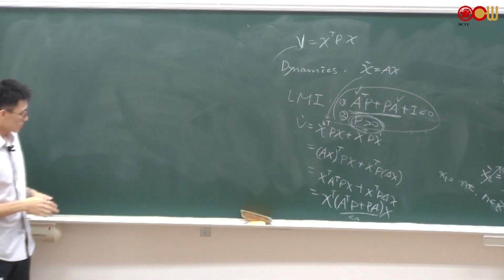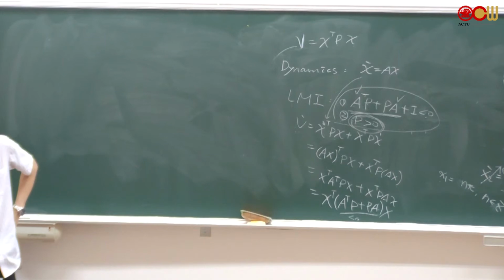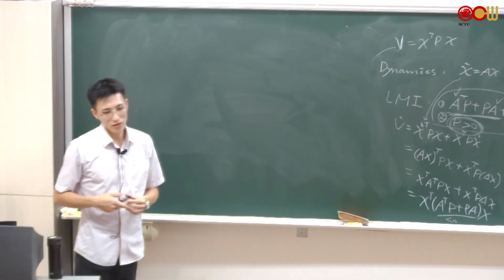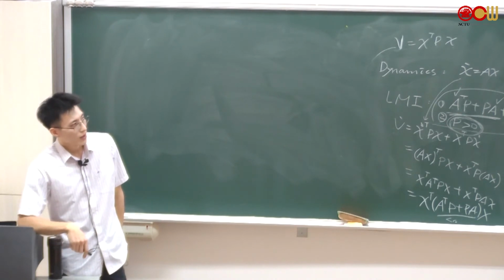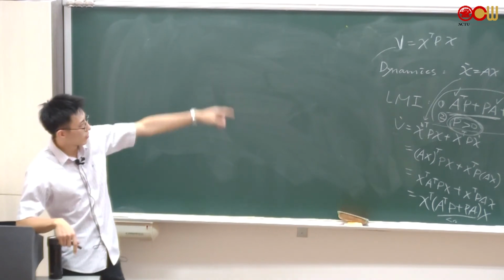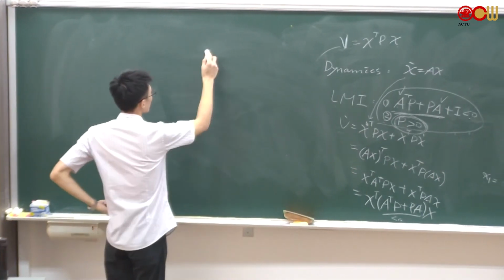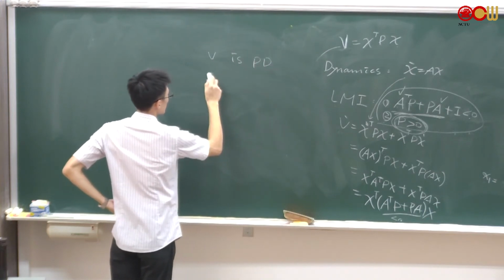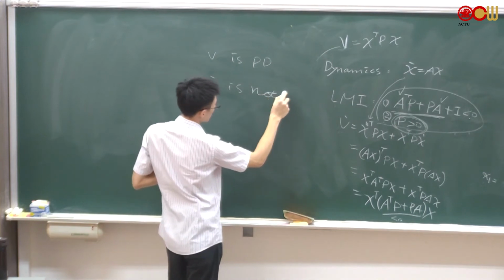I remember last year a student asked me a question. He said, if I find a V, given the dynamic system, and use the Lyapunov theory, the conclusion is that V is PD but V dot is not ND.